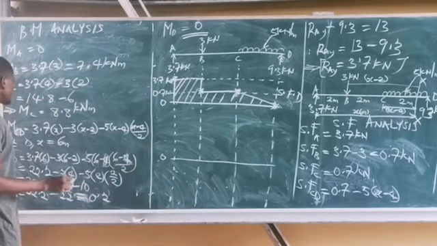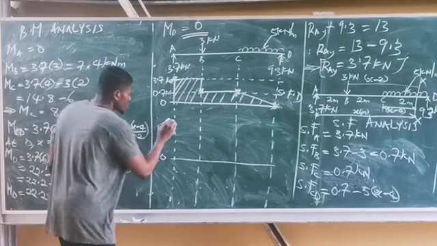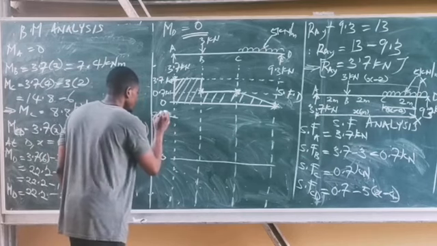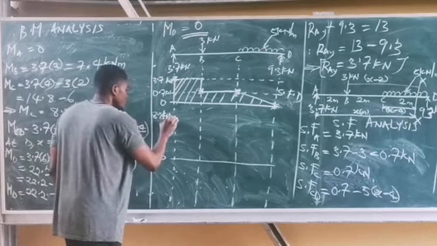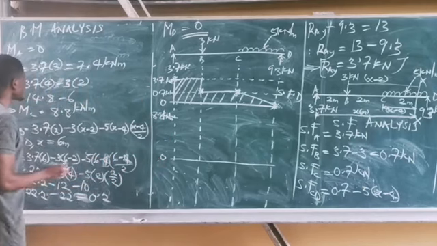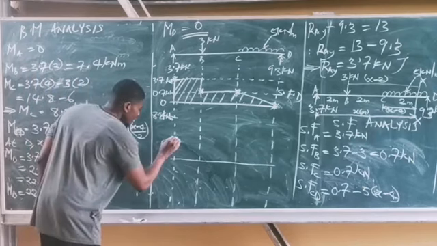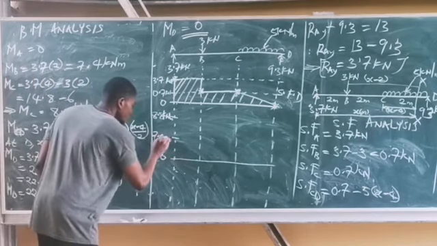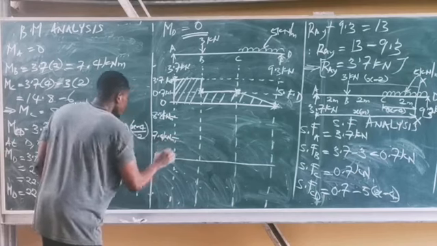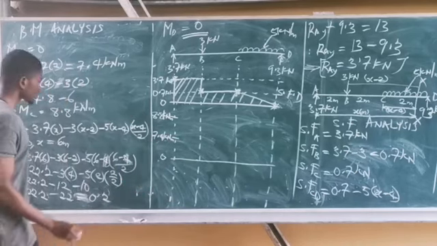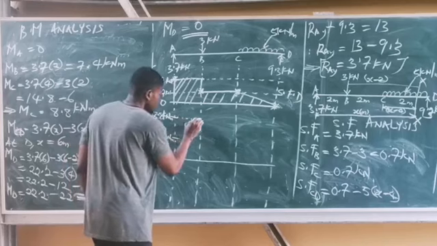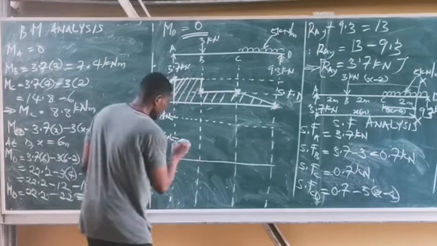We have 8.8 to be the highest, so let's call it around there. It's 8.8 kilonewton meters, followed by 7.4 kilonewton meters, and then finally 0. So we trace out each of the points.